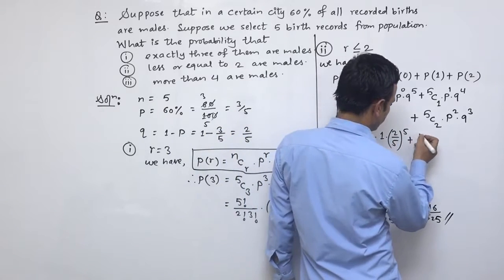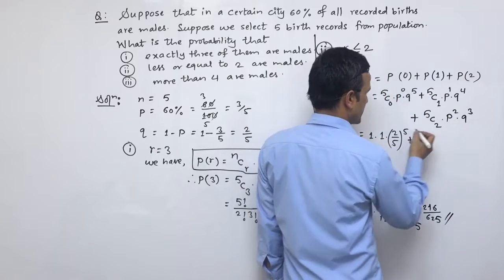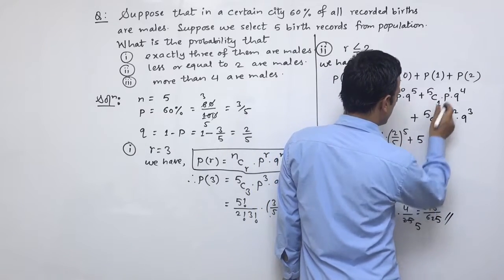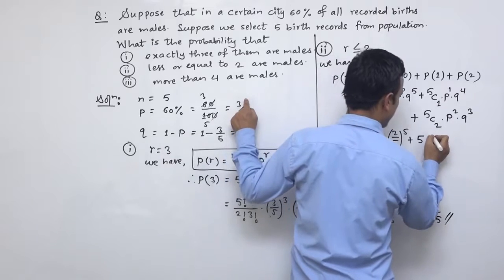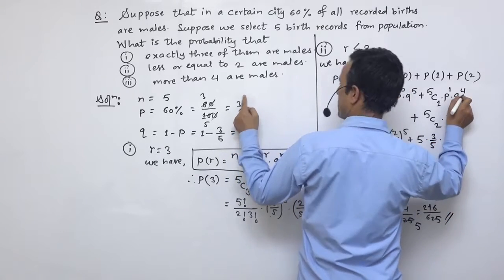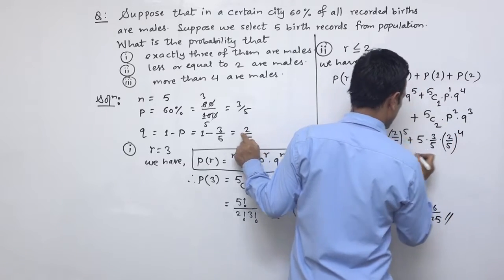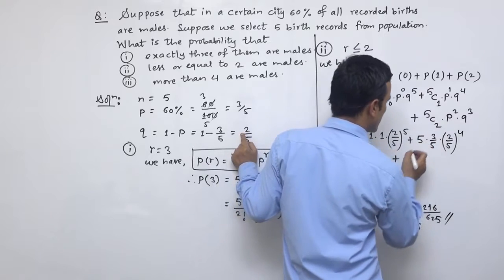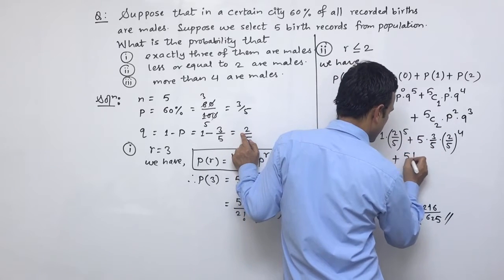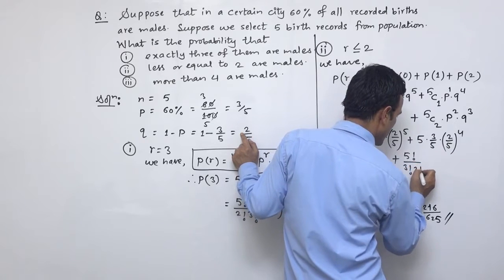This is the value obtained by using this term. Then 5C1 means it is 5. And P power 1, P means what? 3 by 5, 3 upon 5. And Q means 2 upon 5, 2 upon 5 to the power 4. Plus 5C2 means 5 factorial divided by 5 minus 2, 3 factorial and 2 factorial.